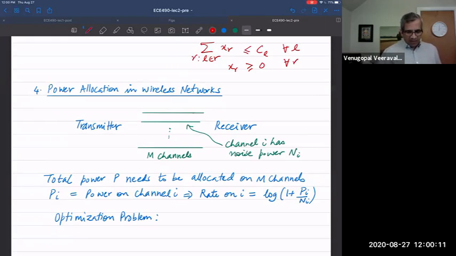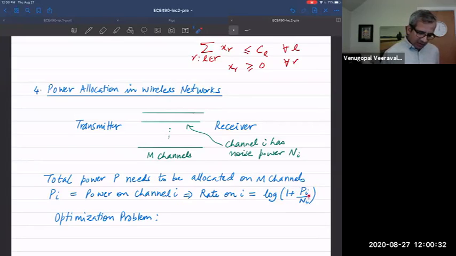If I transmit on a certain channel, the rate that I get on that channel is roughly, this is actually based on what's called Shannon's capacity formula, but you don't need to worry about that. The rate that I get on channel i can be roughly log of 1 plus the signal to noise ratio, right?